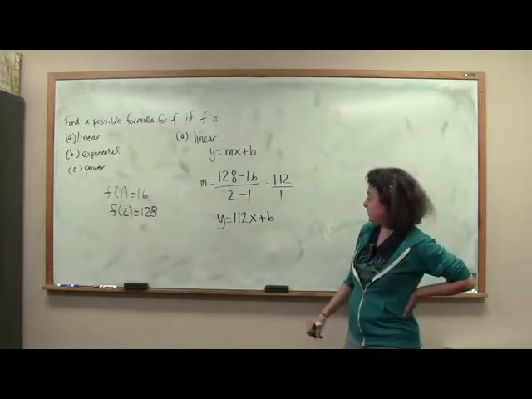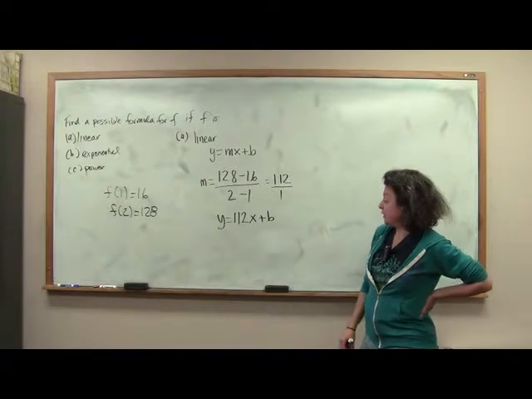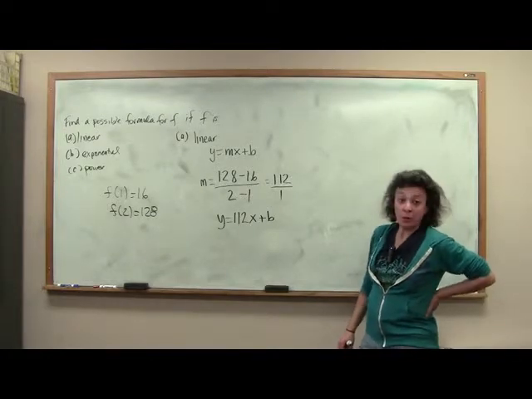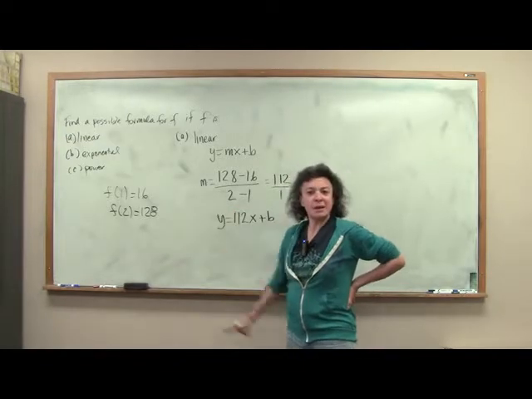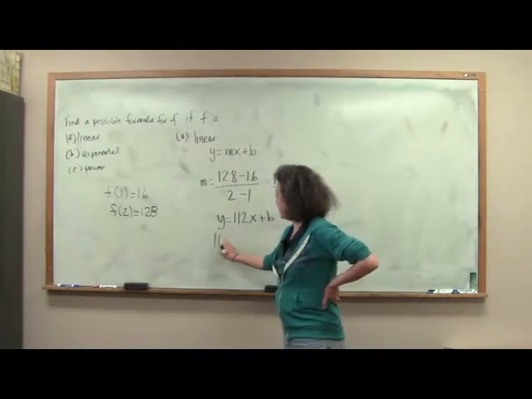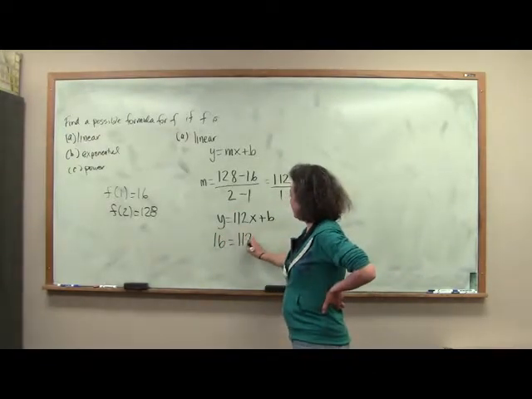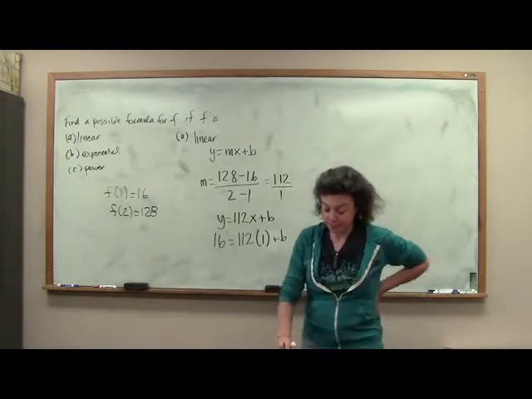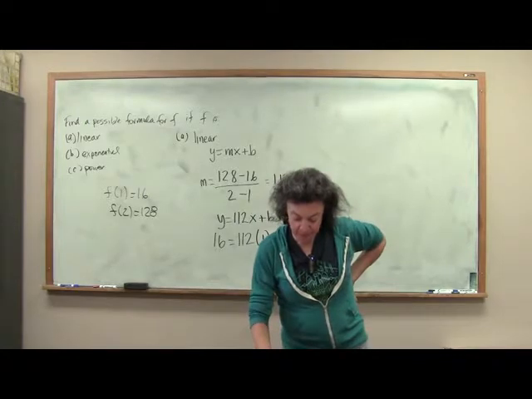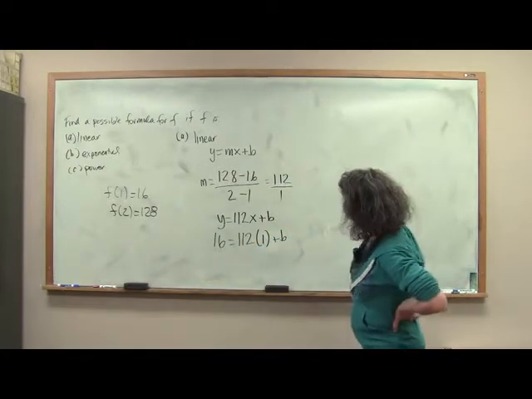112x plus b. Now what I'm going to do is take one of my ordered pairs and plug that in. I will take my top ordered pair. I'll say that 16 is 112 times 1 plus b. All right, well, there's not much to compute here.